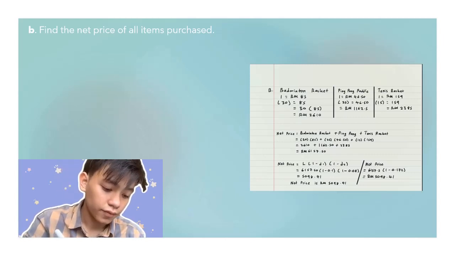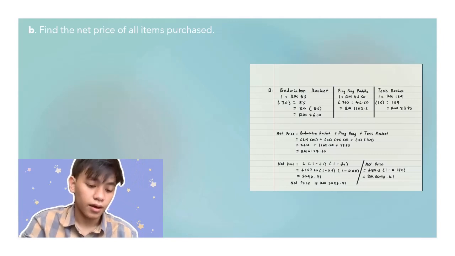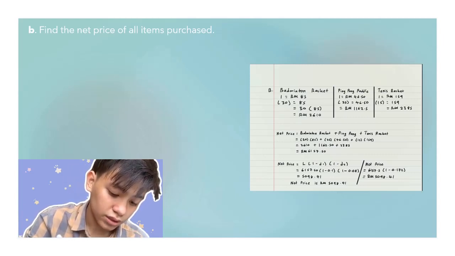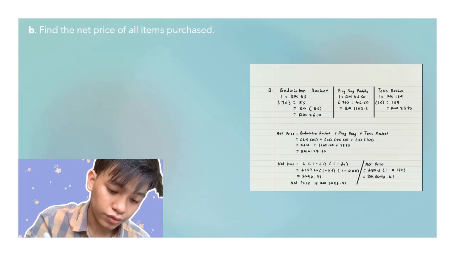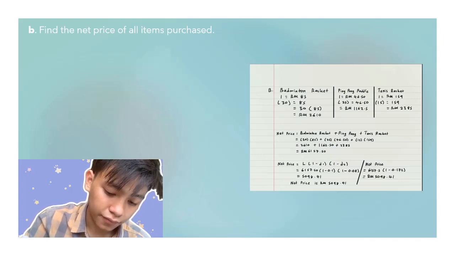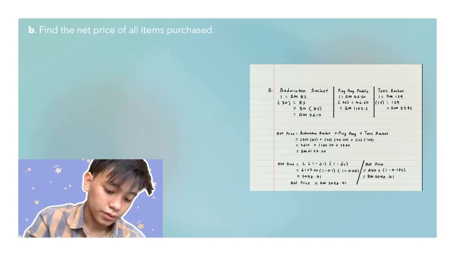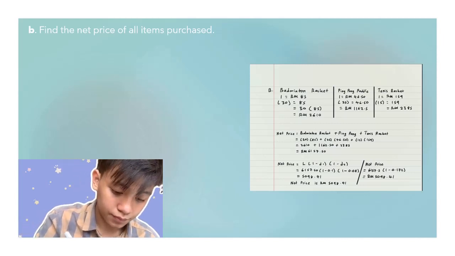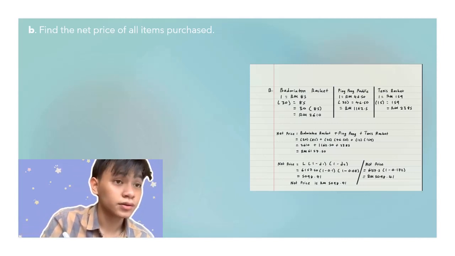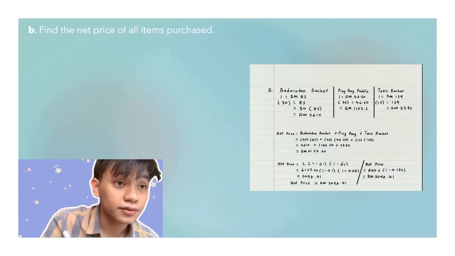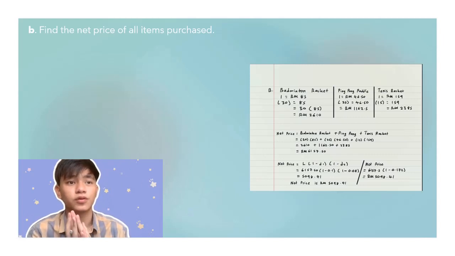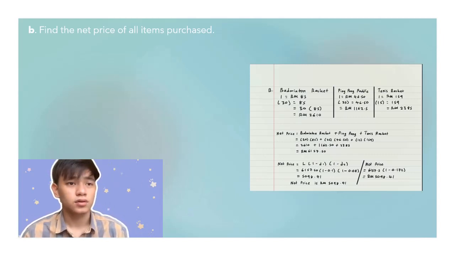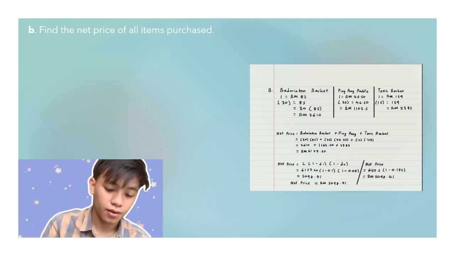So L equals 2610 plus 1162.50 plus 2385 equals 6157.50. After we get all this, we put in the trade discount so that we can find the net price.